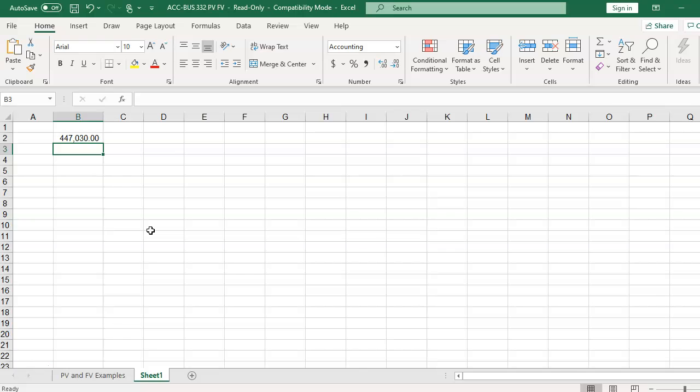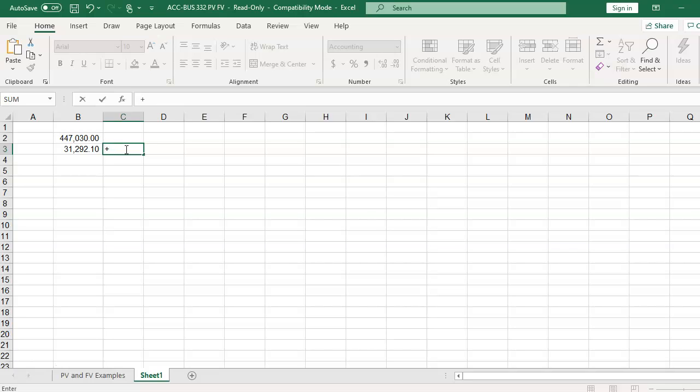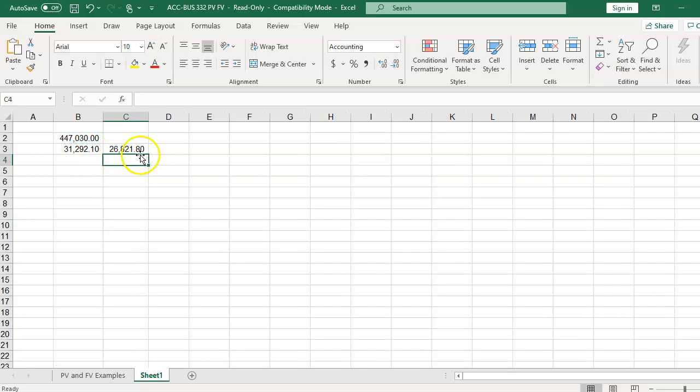Then I multiply that times 0.07, and we know that 0.07 equals the market rate of interest. Then I do the same thing with 0.06, and I'm going to multiply that by 500,000.